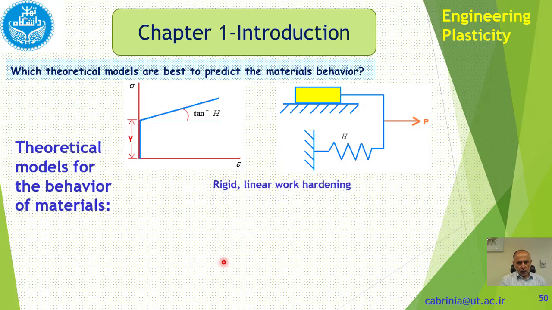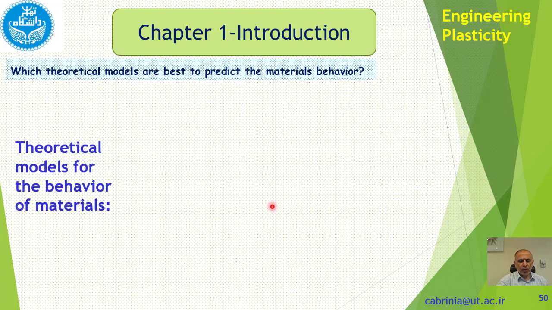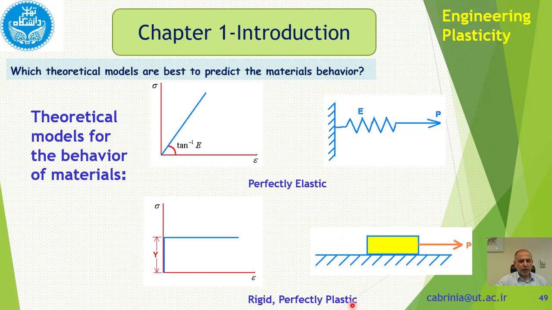Right. Now we go to more sophisticated models. In here, it is also rigid, because it doesn't move no matter how much stress you apply, but once the stress reaches a point, it starts to move, but its movement is not straight. So it's not like the previous one, which was perfectly plastic.